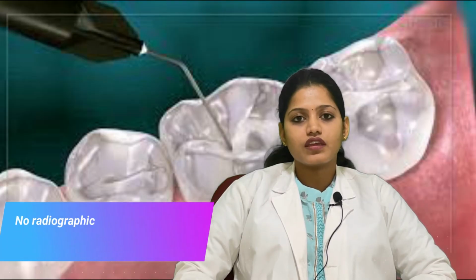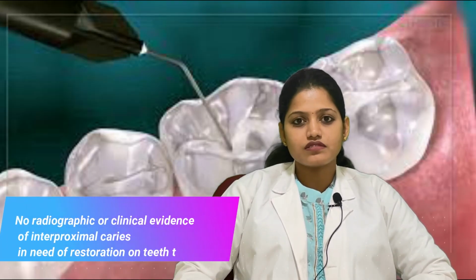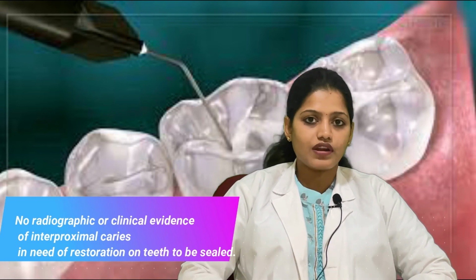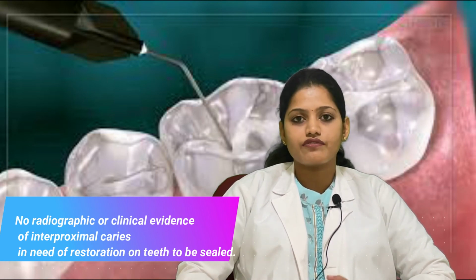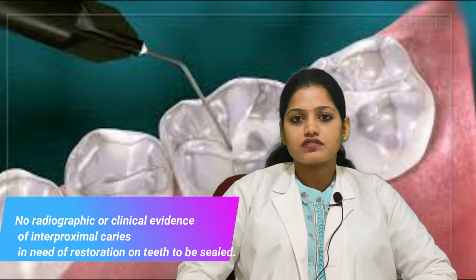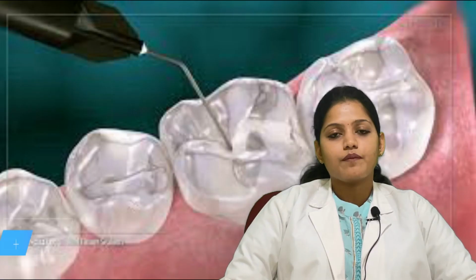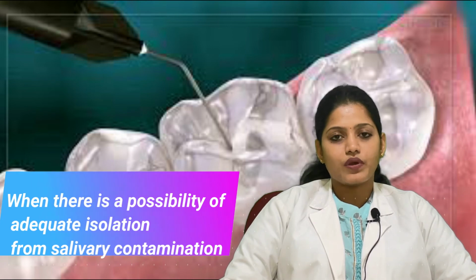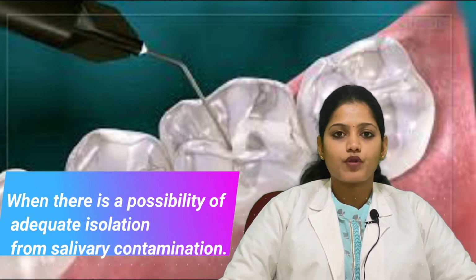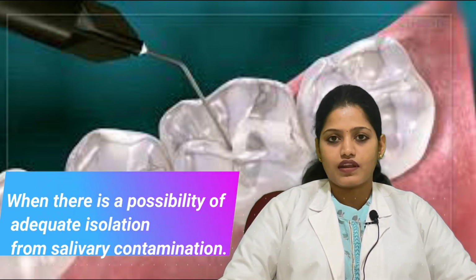And it is indicated when there is no radiographic or clinical evidence of interproximal caries which needs restoration. And pit and fissure sealant is ideal only when there is a possibility of proper isolation without salivary contamination.